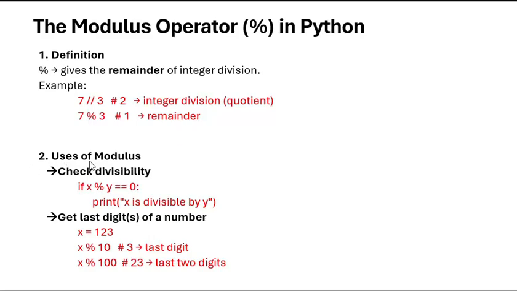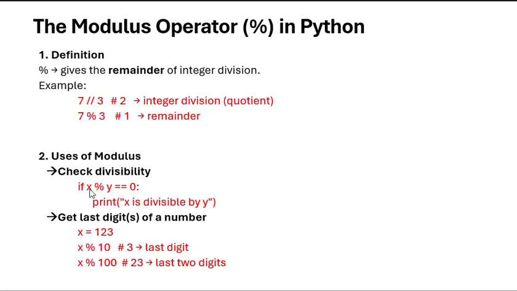We have two uses of modulus here: check the divisibility and get the last digits of a number. Let us see how exactly these two will work. Check the divisibility: if x modulus y is equal to 0, print x is divisible by y.